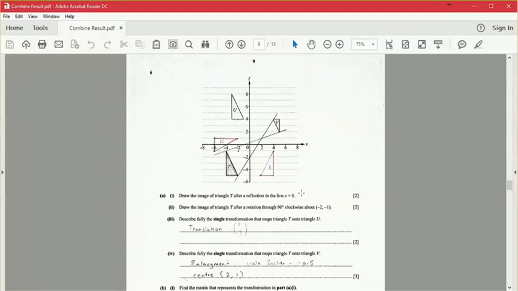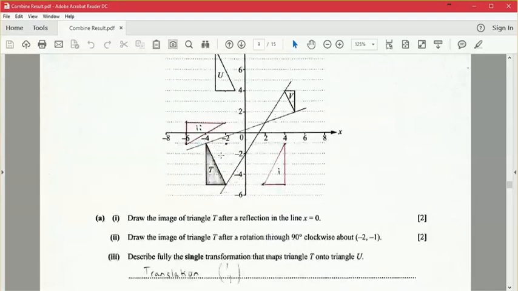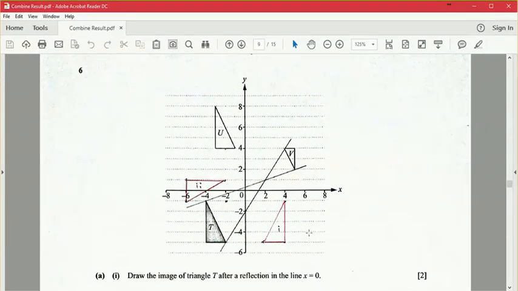For question 5, draw the image of triangle T, this one, after a reflection in the line x equals 0. Where is x equals 0? It's this line, the y axis.